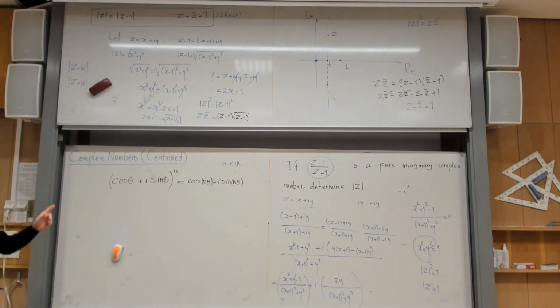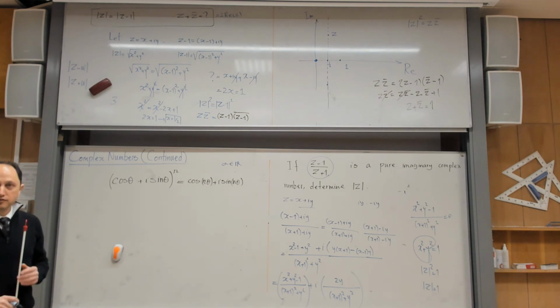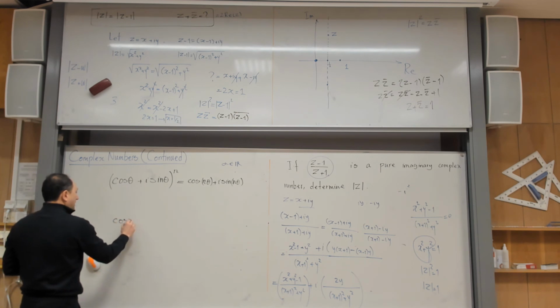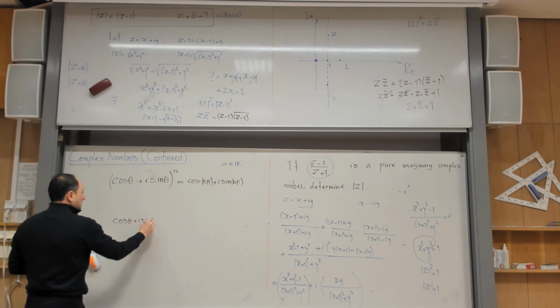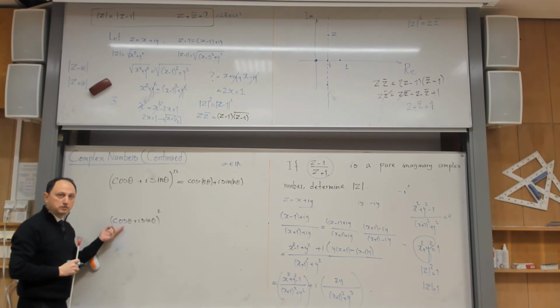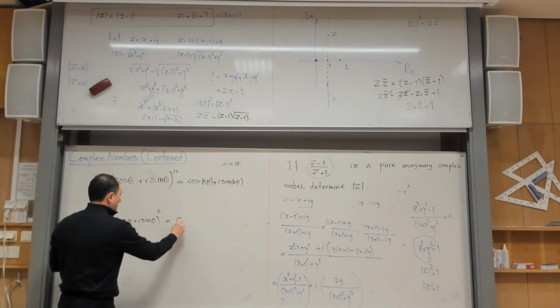By the way, before passing, I just want to tell you how complex numbers can help you to find trigonometric formulas. For example, if I ask you to write this to power 2, this expression can be calculated in two different ways. One, using De Moivre's formula, which gives you what?